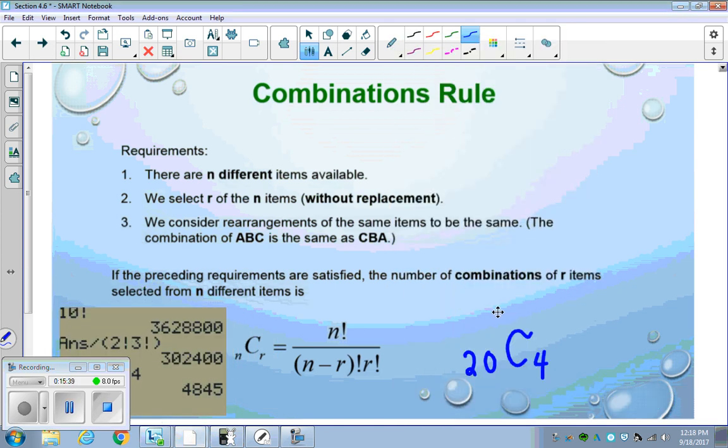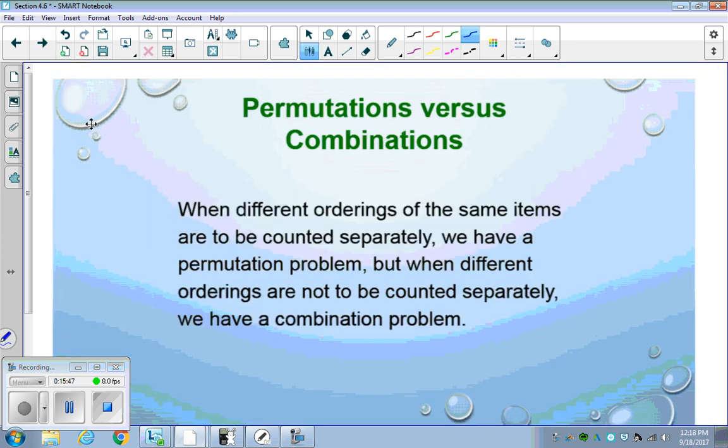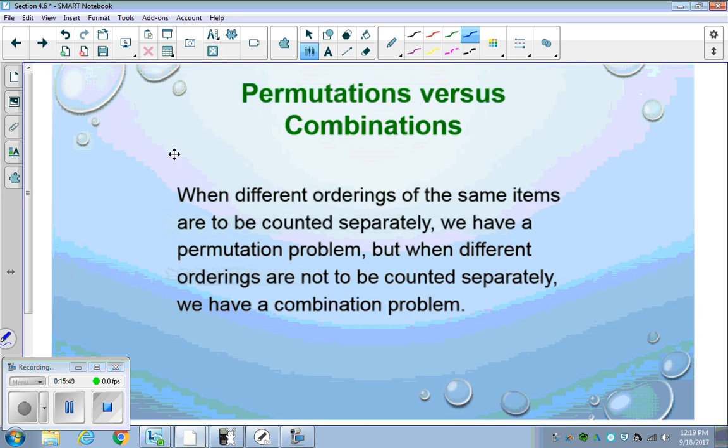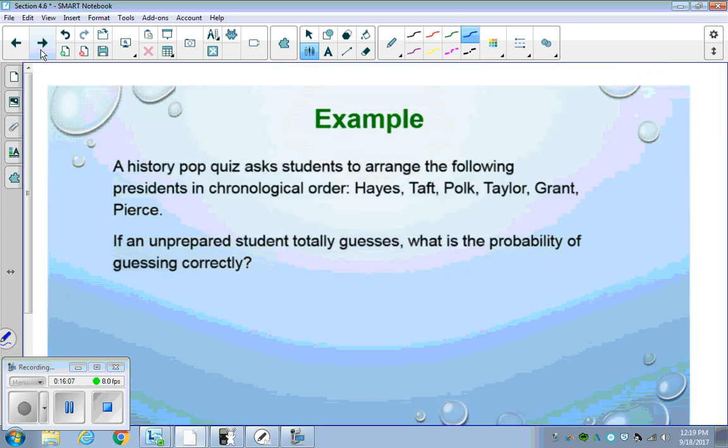Much less than a permutation. Remember, permutation was what, 116,000 something. Okay? So again, I have to ask myself, does order matter or order does not matter? That is how you decide whether you're going to be doing a combination or a permutation. To me, that's the toughest part because the calculation isn't difficult, right?